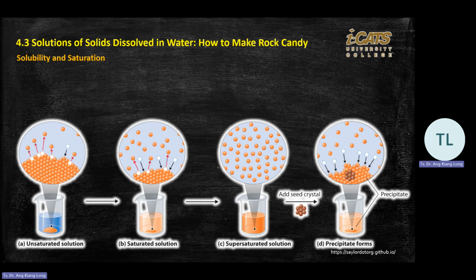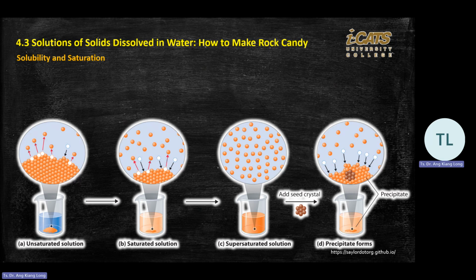If you have more than supersaturated, then you add a seed, you will see a phenomenon where the solid falls below in the container, called precipitate, or precipitation happens. So these are the 4 technical words in chapter 4.